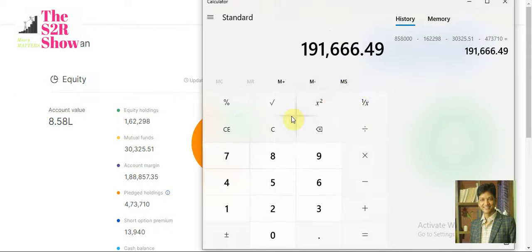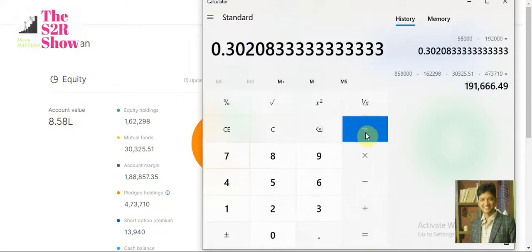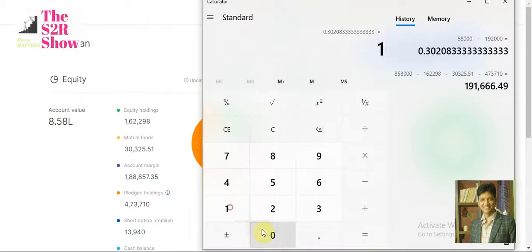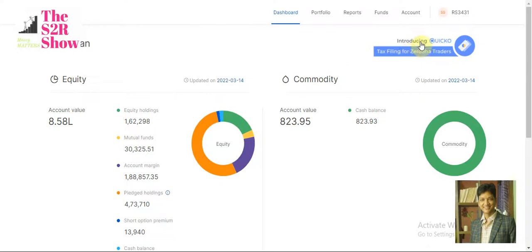Okay, so let's take it as 1,92,000. So 58,000 divided by 1,92,000. This comes to around 30% return. That's a good return. 30% return is a good return.